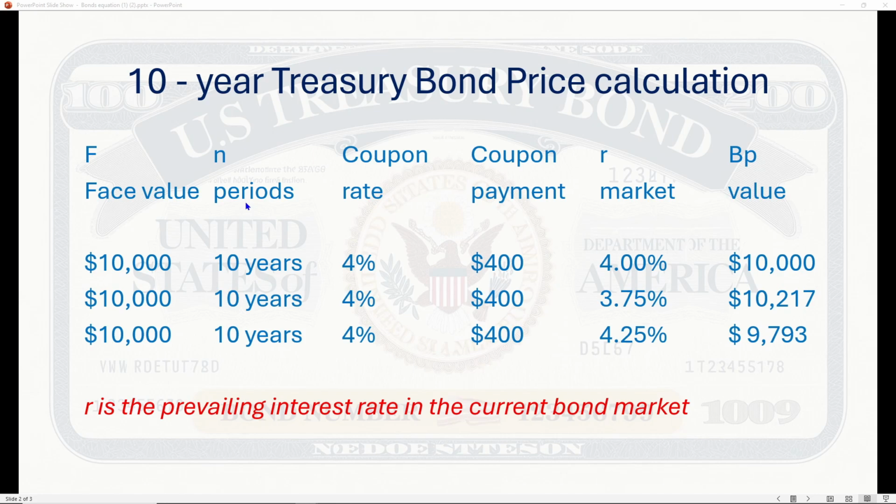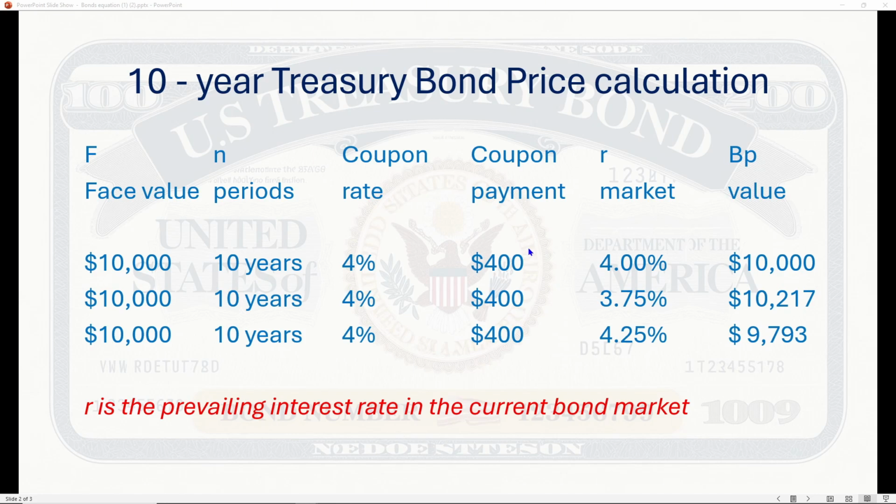In this case, we are assuming a 10-year bond with annual interest payments of 4%, which is the stated coupon rate. The coupon payment is the dollar amount that is paid in interest for each period.